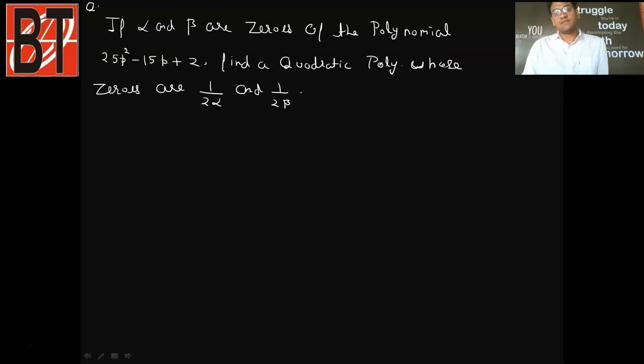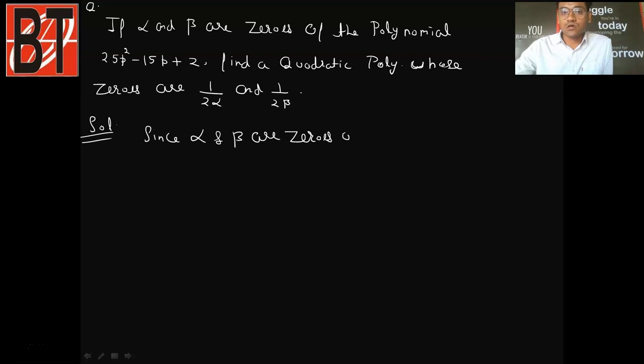See, this is the question. If alpha and beta are the zeros of this polynomial 25p square minus 15p plus 2. Okay, now let me start the solution. See, since alpha and beta are zeros of 25p square minus 15p plus 2, by our relations, can I write alpha plus beta is minus b upon a?